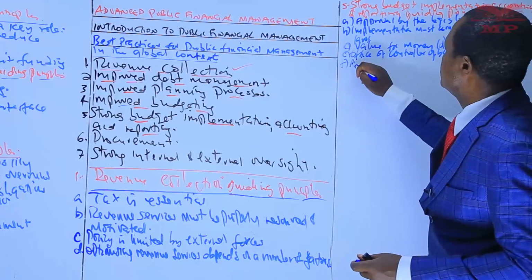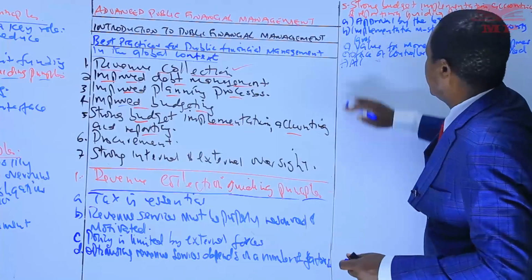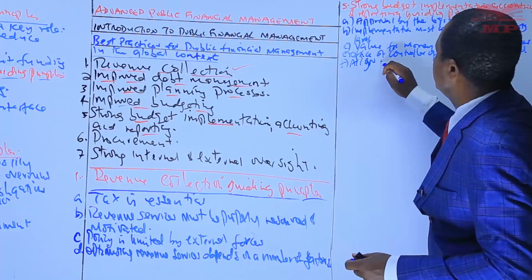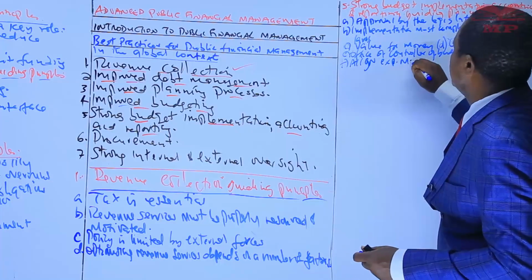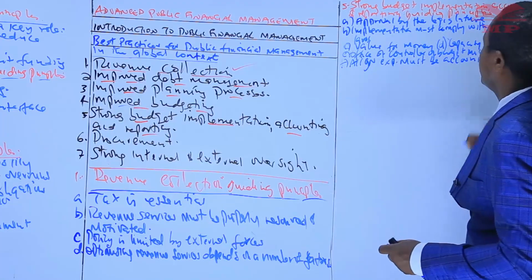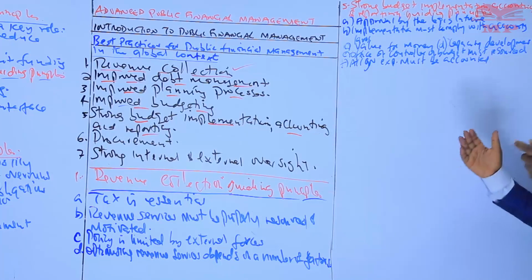All government expenditure must be accounted for. All government expenditure should be accounted for in a timely manner, and significant deviations from budget estimates should be investigated. Because when planning, the budget is clear.